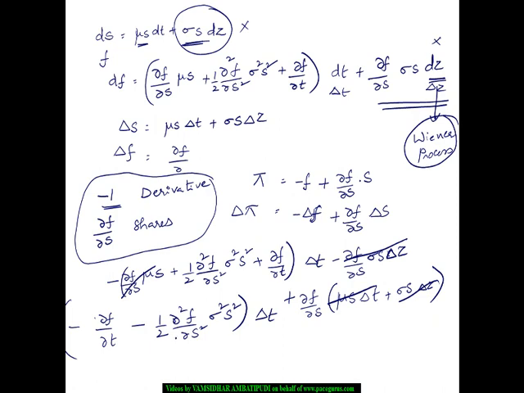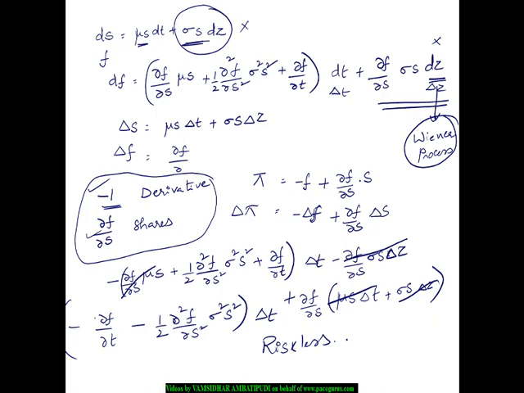Now, this is a short position in one derivative and a long position in this. Now there is no delta z term in this at all. So because there is no uncertainty, it's like a riskless portfolio for me.